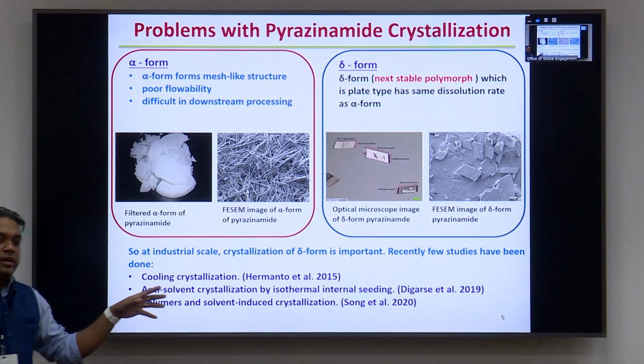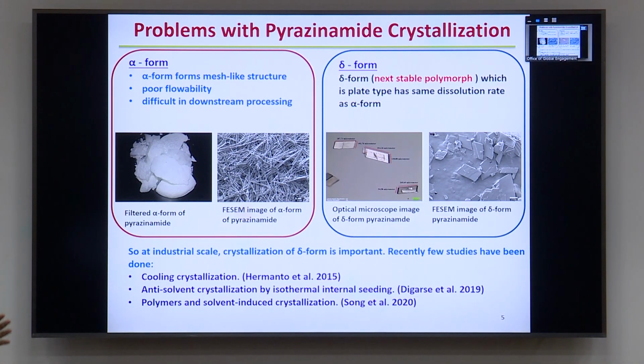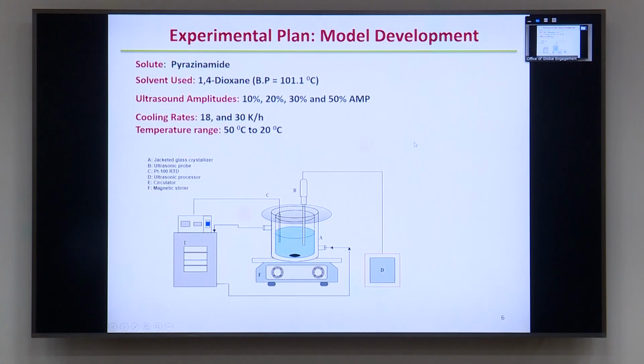So our target is to do a sonocrystallization to obtain this delta form and do a multidimensional modeling. For our model development, we have taken pyrazinamide, and the solvent used is dioxane, and we have used 4 amplitudes: 10%, 20%, 30%, and 50%. Two cooling rates are used, 18 and 30, and we are cooling from 50 to 20 degrees Celsius.